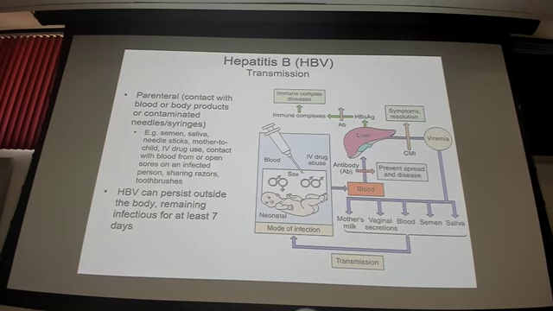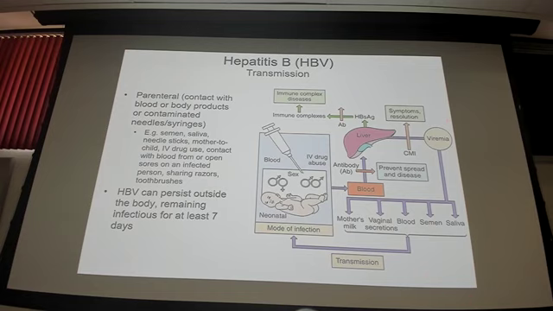Without CMI, you don't get very painful or severe symptoms, and you also don't clear the virus in the first place. So it's one of those no pain, no gain scenarios where you need that cell-mediated immunity in order to clear the virus. If the virus isn't cleared, you start shedding it in a bunch of different bodily fluids, and it contributes to this transmission cycle.